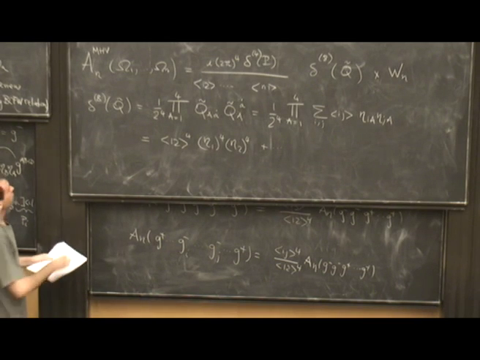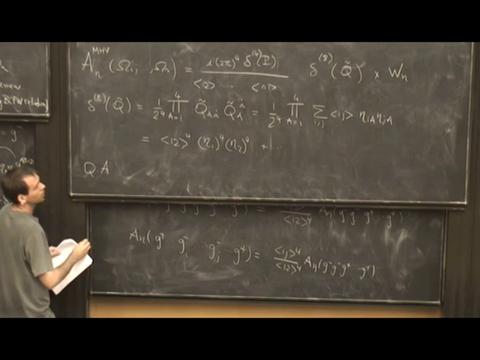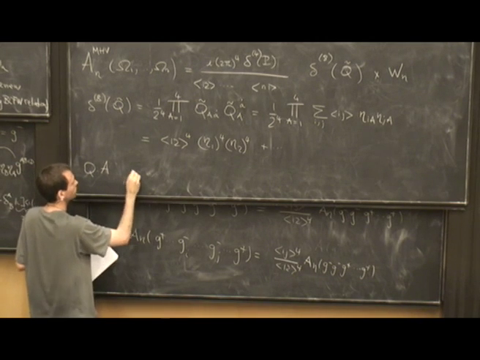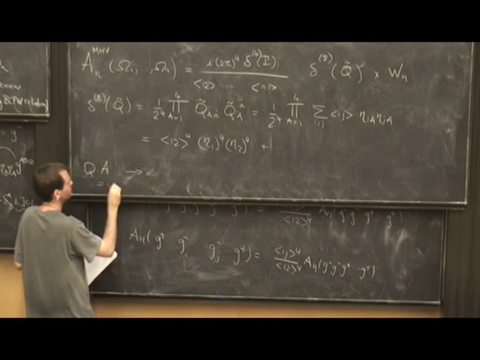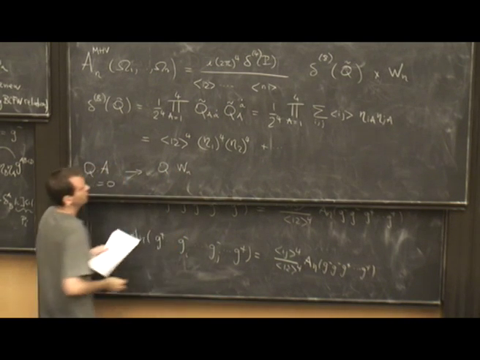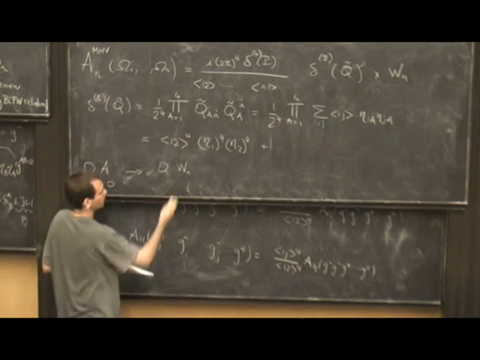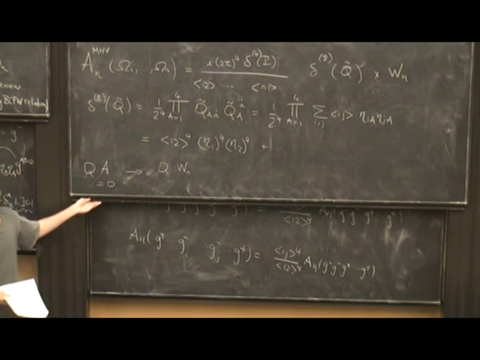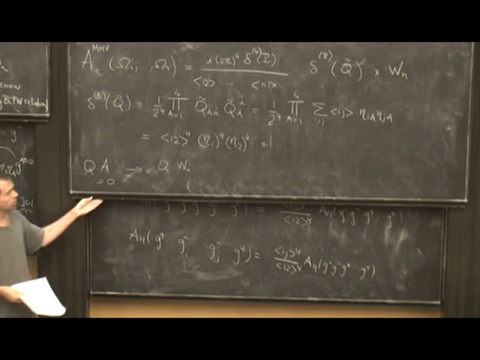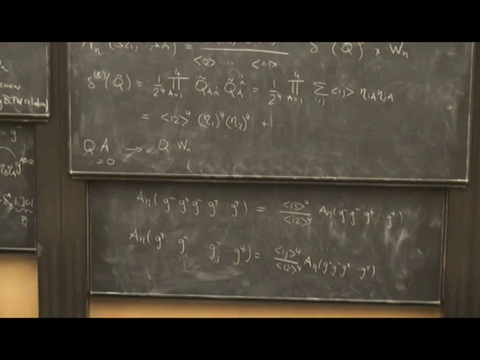So, in other words, the condition that Q annihilates A is a condition that Q annihilates Wn. And again, in the case of MHV, the solution is trivial. It's just to say that Wn is a constant with respect to the etas, because I have already the right amount of etas.